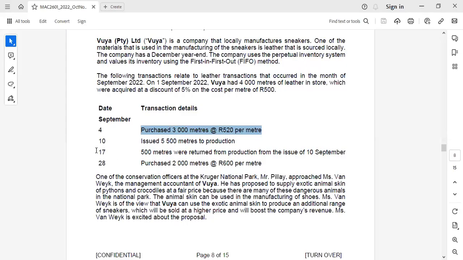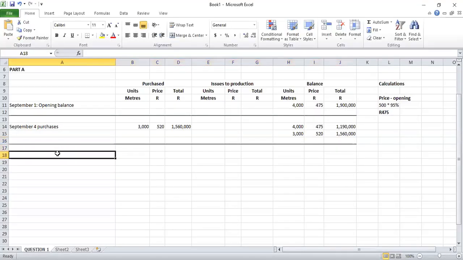Then on 10, sorry, we issued 5,500 meters to production. September 10 issue. Remember, it's first in, first out. We issued 5,500, so we would start with these ones, the first in. So our issues will go under issues. We'll start with those 4,000.